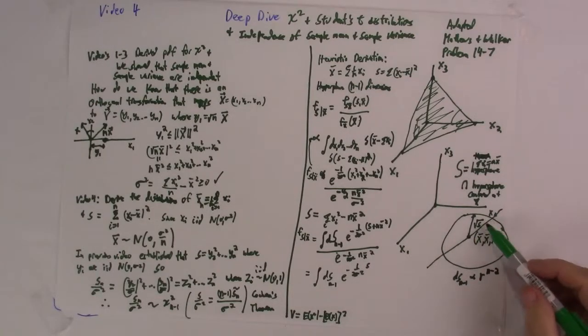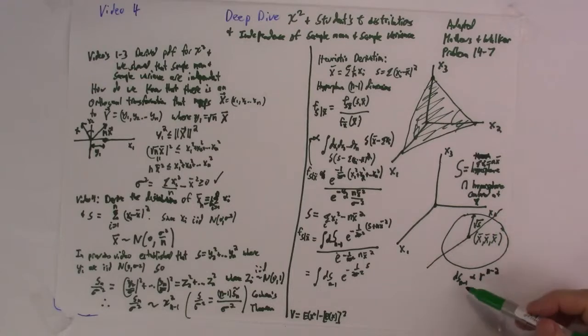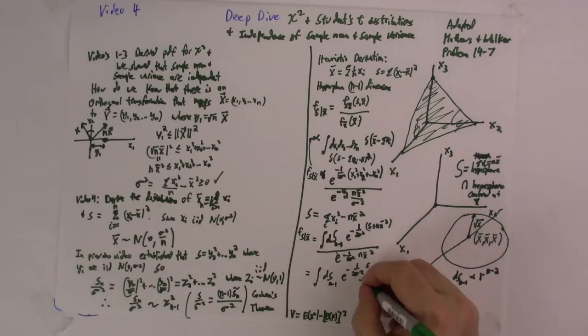So in 3 dimensions, we're going to get a circle. So it's just the circumference of a circle, 2 pi r. R here is the square root of the sample variable. So n is 3, so this becomes 1.